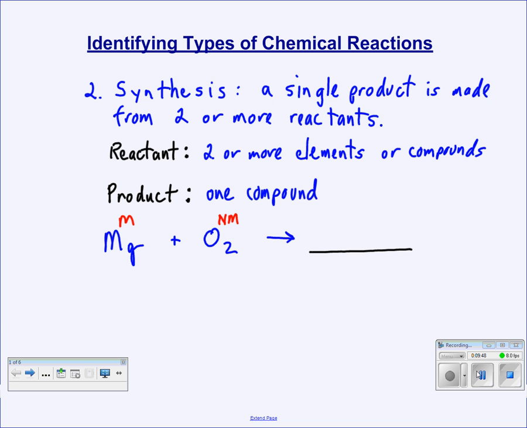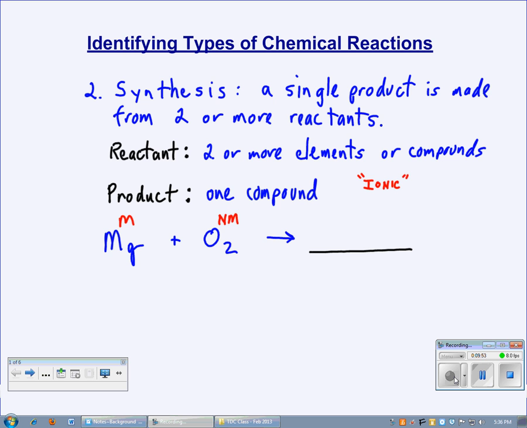If you remember, we did our ionic compound dance where we said ionic, metal to a non-metal, ionic.